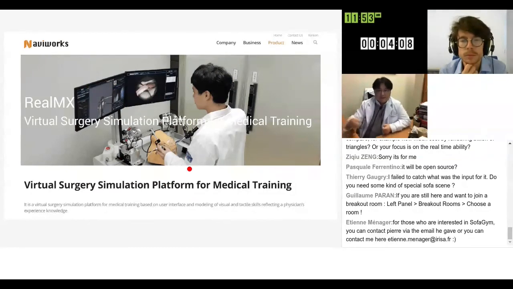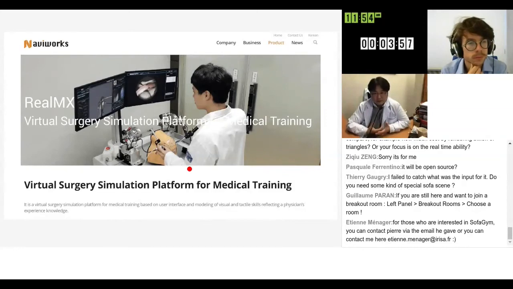So our work was to make the C++ code in plugin format for the SOFA engine, and then the company utilized our code for implementation of their whole system, which includes their custom haptic interface and the whole system as shown here.